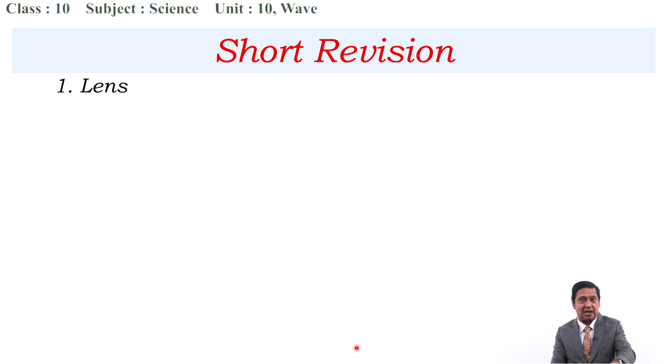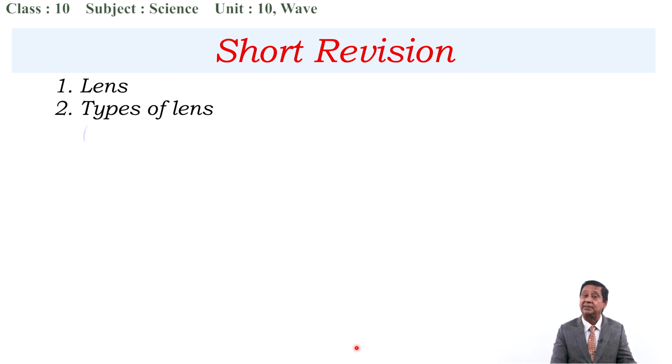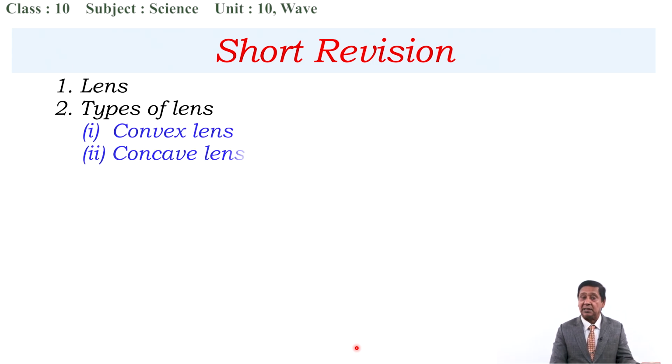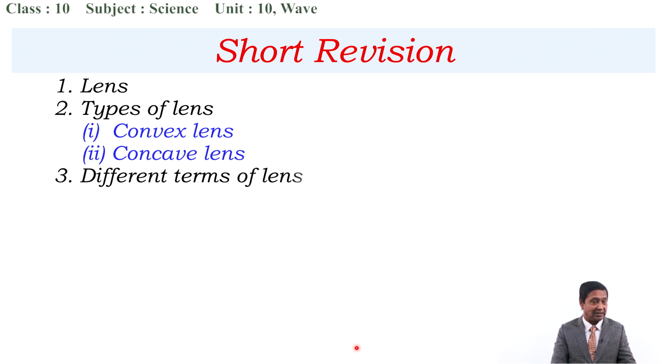Now, after all this, I want to make a short revision of what we did today. I told you about the lens. What is a lens? A lens is a portion of transparent refracting medium bounded by two surfaces of which at least one is spherical. And then I told you about the types of lens. There are two types, convex lens and concave lens. Convex is thicker in the middle, concave is thinner in the middle, isn't it?